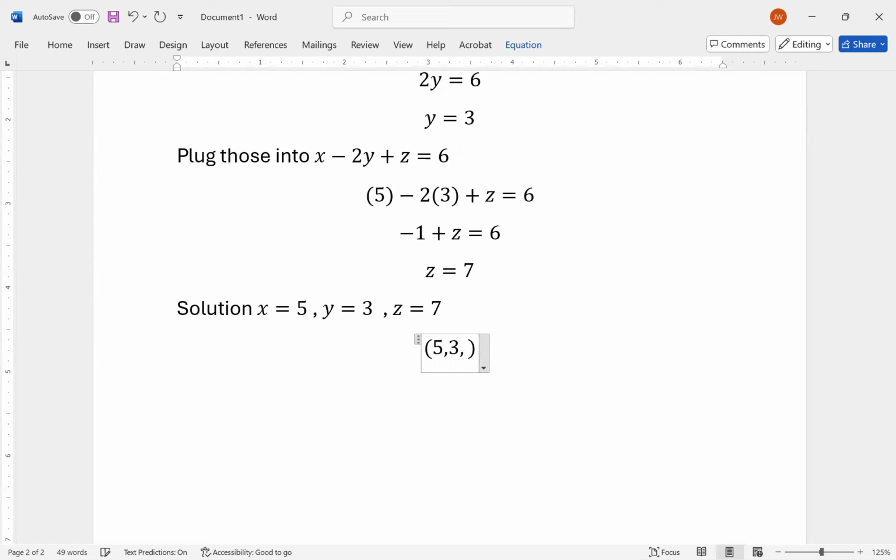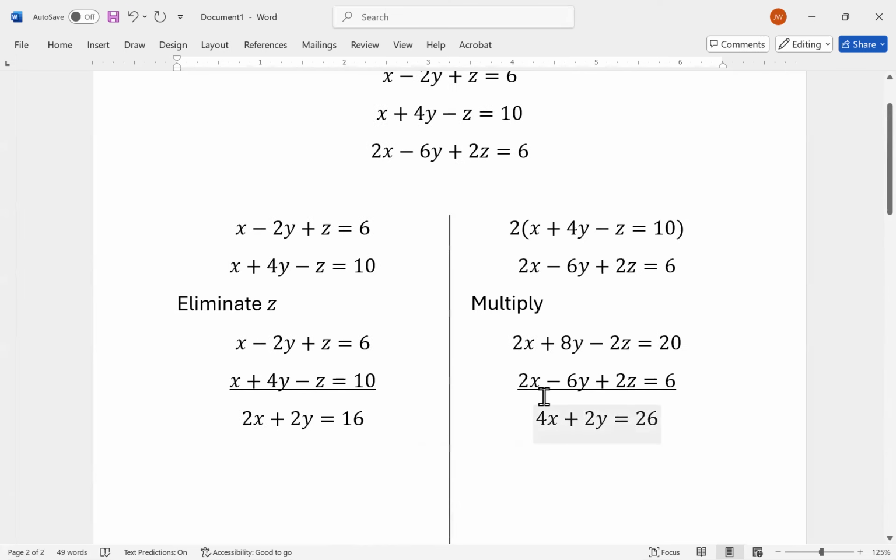And if you're writing this as an ordered triple, just like when you write things as ordered pairs, you write them in alphabetical order. So the x, then the y, then the z. So usually that's how it works. 5, 3, 7 if we had to write it as an ordered triple.